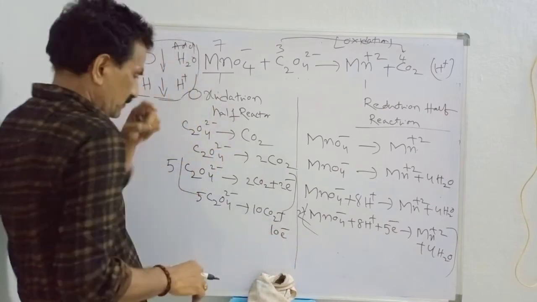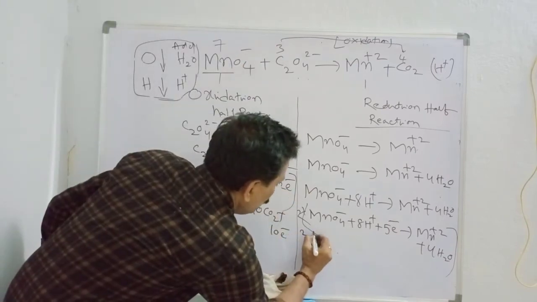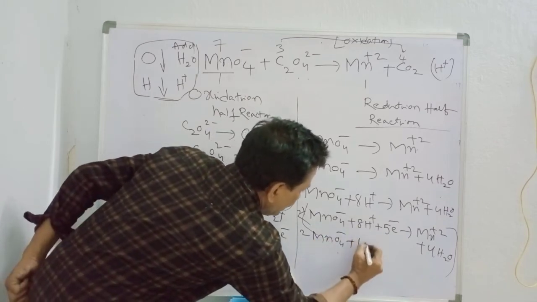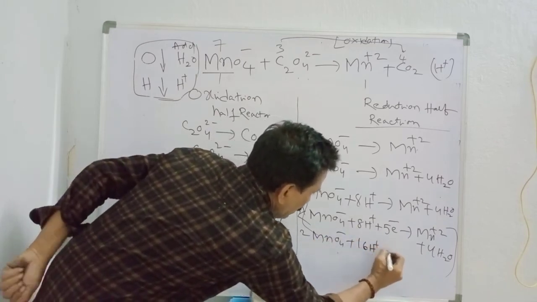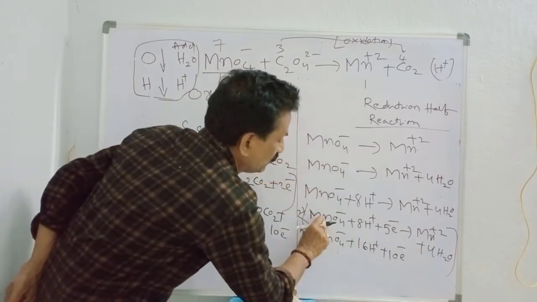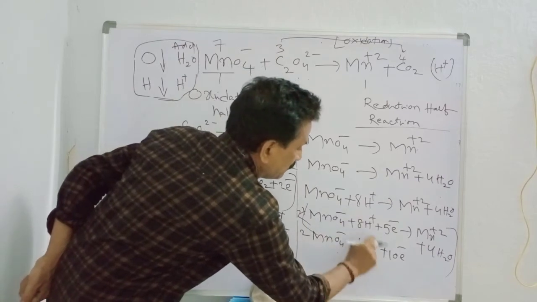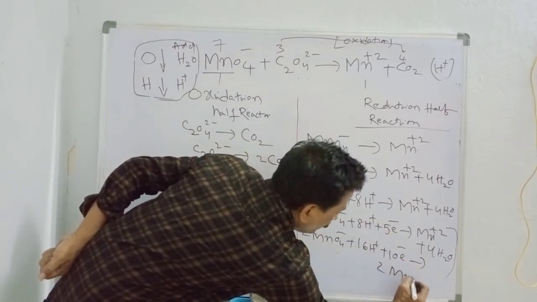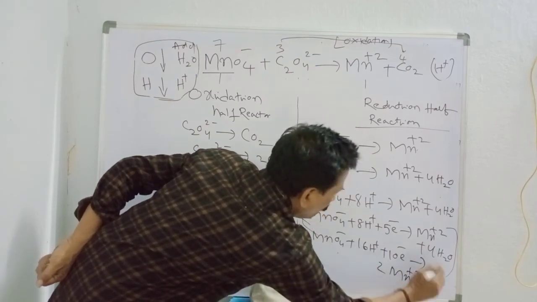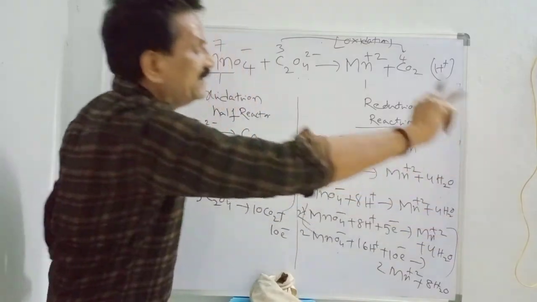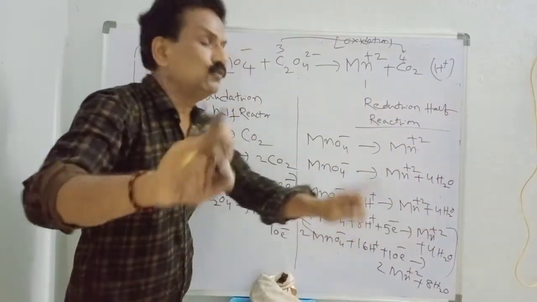This one: 2 MnO4 minus plus 16 H plus plus 10 electrons. I have multiplied 2 MnO4 minus, 2 into 8, 16 H plus, 2 into 10 electrons gives 2 Mn 2 plus plus 2 into 4, 8 H2O. Simply multiply all the left hand and right hand with 2.